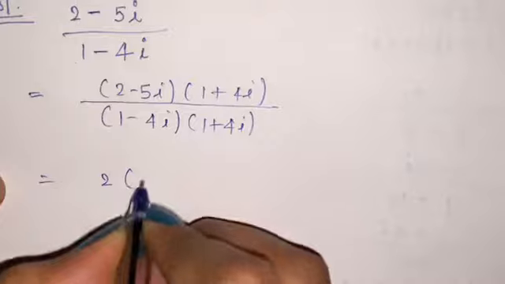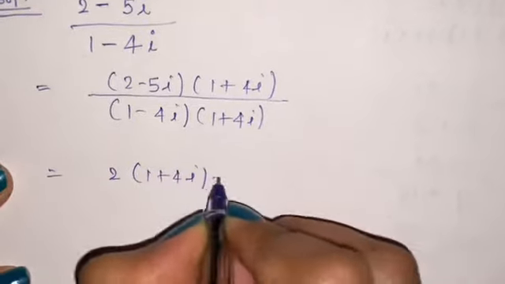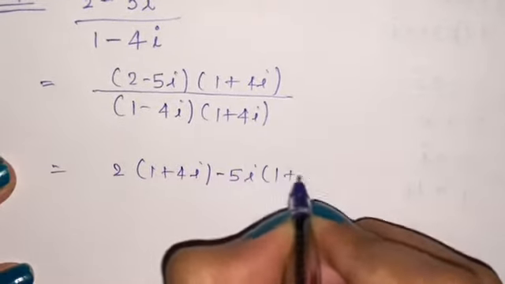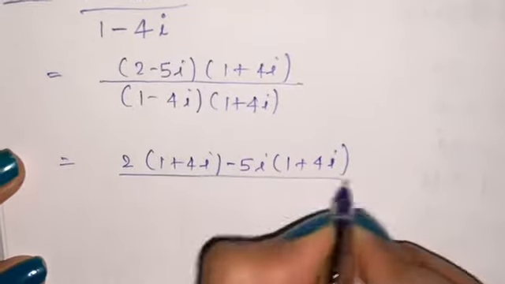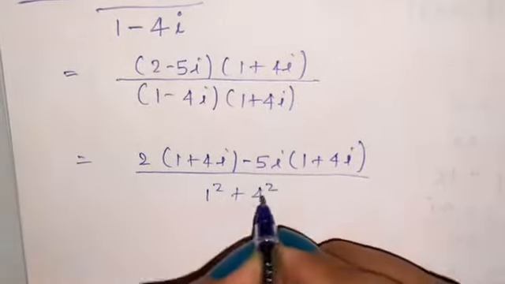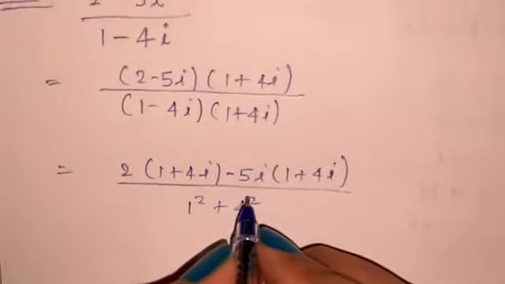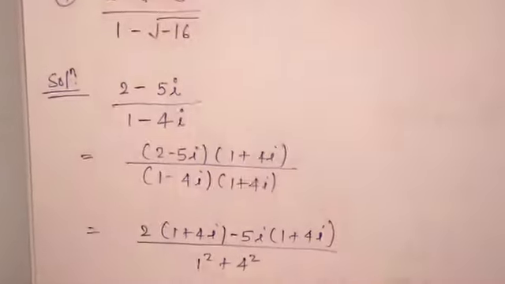That is equal to (2 minus 5i) into (1 plus 4i) by 1 squared plus 4 squared, or you can use AC minus BD plus i(AD plus BC).